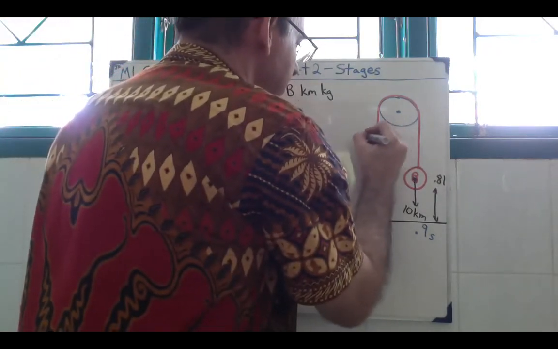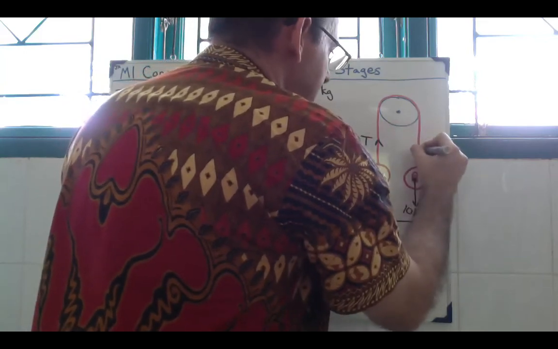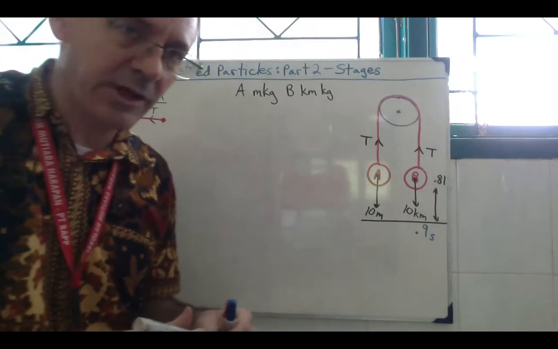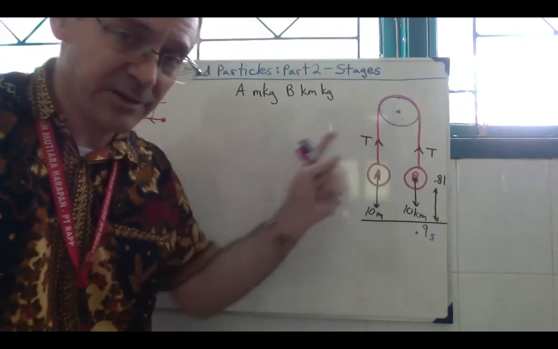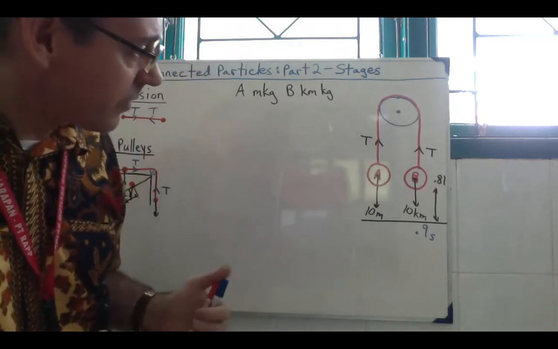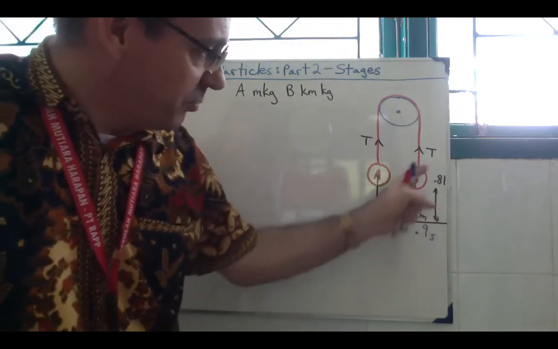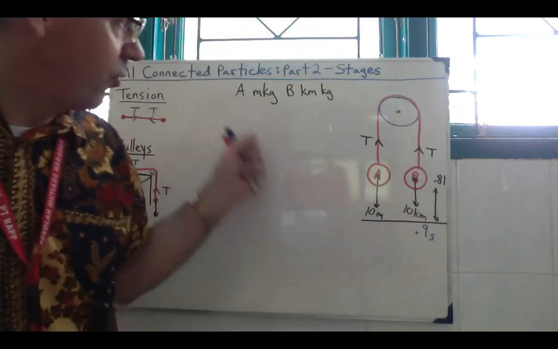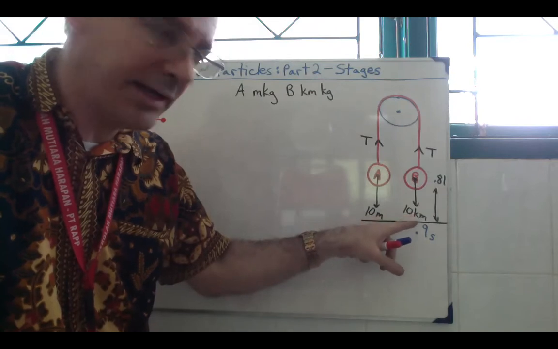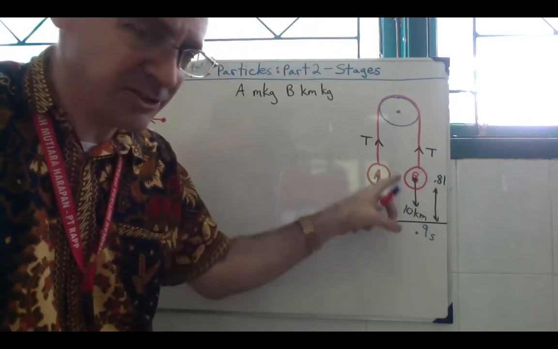We also have a string, so we need to add in our tension. So tension going up on this side, tension going up on that side. So far, the strings that we've been dealing with are one string, so the tension is still the same. Don't have to label them, just T and T. And our distance, 0.81 high. So when this is released, it says K is greater than 1, meaning this mass is going to be heavier.